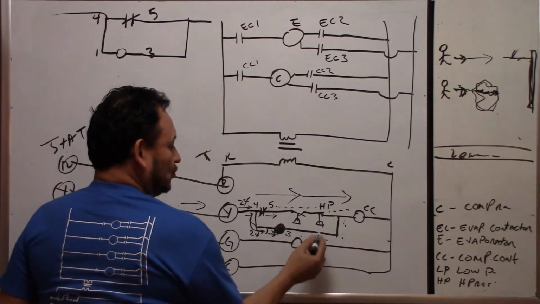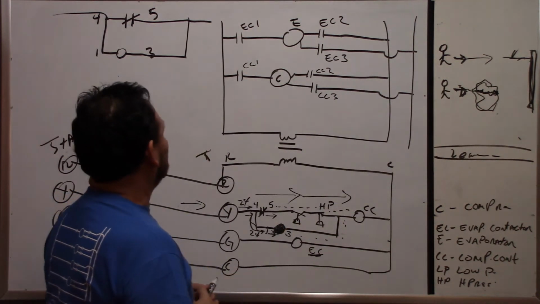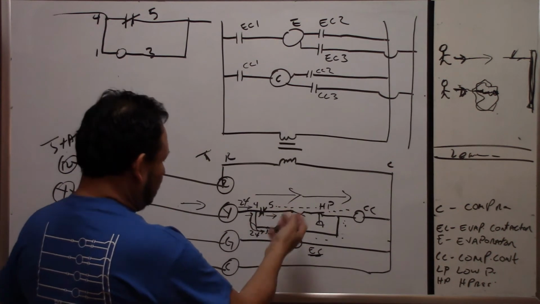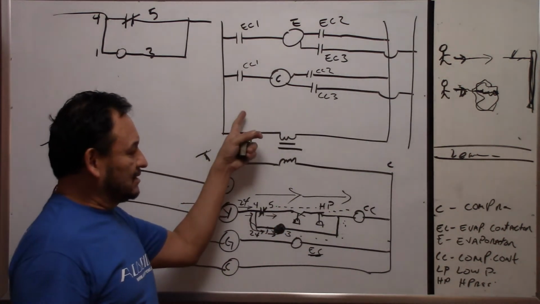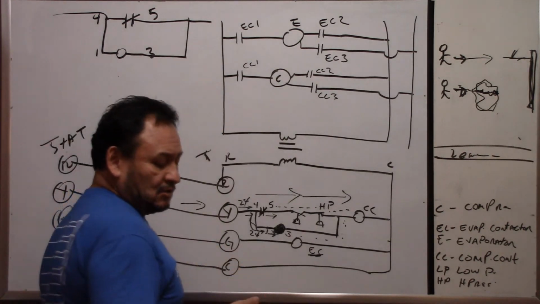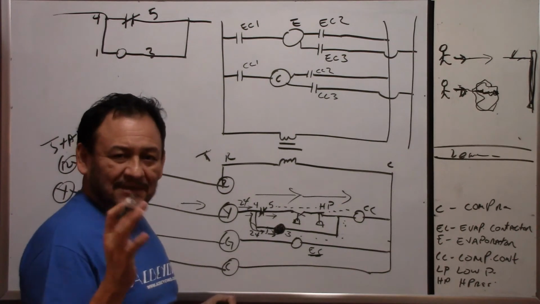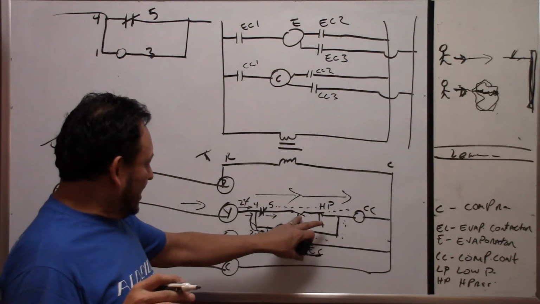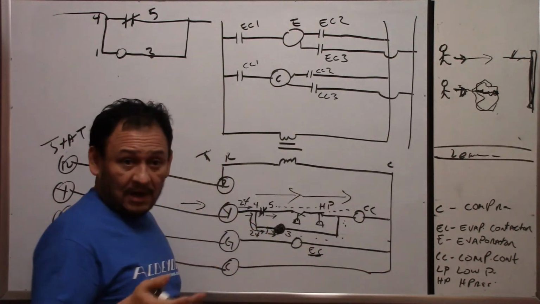Okay, so what's going to happen is, let's suppose right now we didn't put what kind of unit it is. It could be water cooled, could be air cooled, because there's no condenser here. So pretty much I will say it's a water cooled unit. But if you put in the condenser, well, same thing. What I'm trying to say is, let's say we lose low pressure or high head pressure.